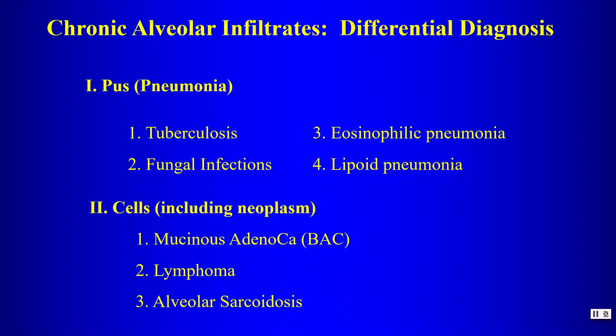So we've covered many things here, and I hope by now you understand what our differential might be for chronic airspace disease. If we go through the things that fill the alveoli: if it's pus, it could be tuberculosis, fungal infections, eosinophilic pneumonia for inflammatory conditions, and lipoid pneumonia. Cells for neoplasms: mucinous adenocarcinoma, lymphoma, and then alveolar sarcoid can also give you airspace opacities with air bronchograms within the lungs.